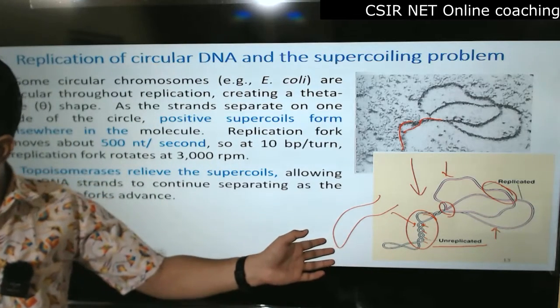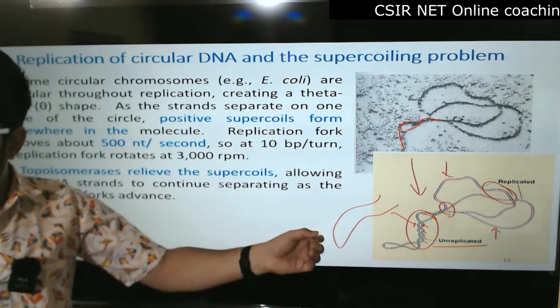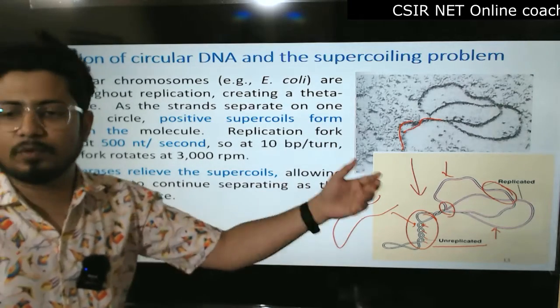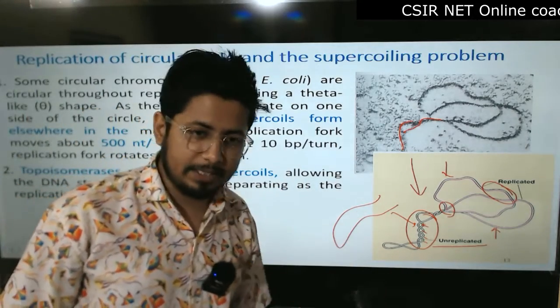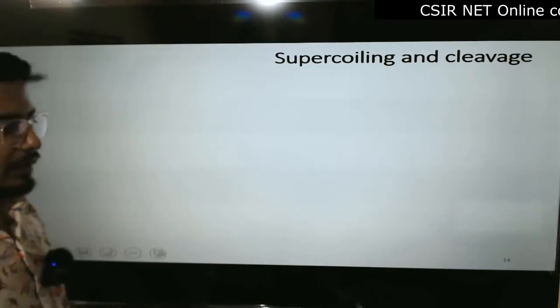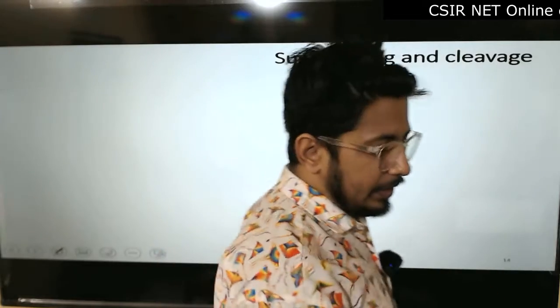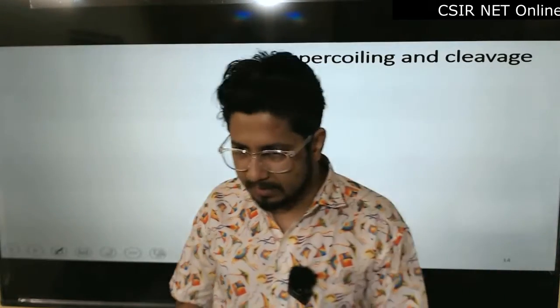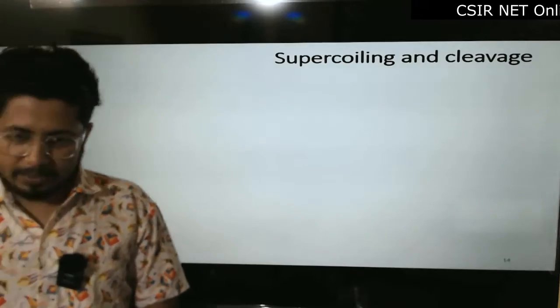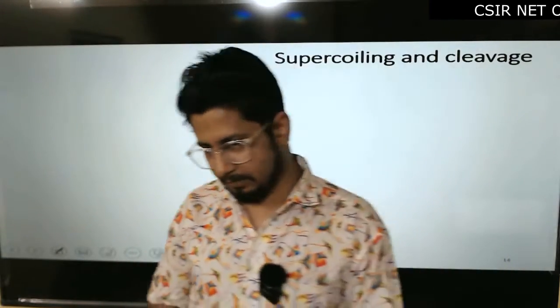The supercoil can be released by topoisomerase enzymes. There are types of topoisomerase: type 1 and type 2. Topoisomerase type 1 can insert a single cut in a single strand of the DNA and rotate it around its axis, right? And topoisomerase type 2 cleaves both strands of the DNA.